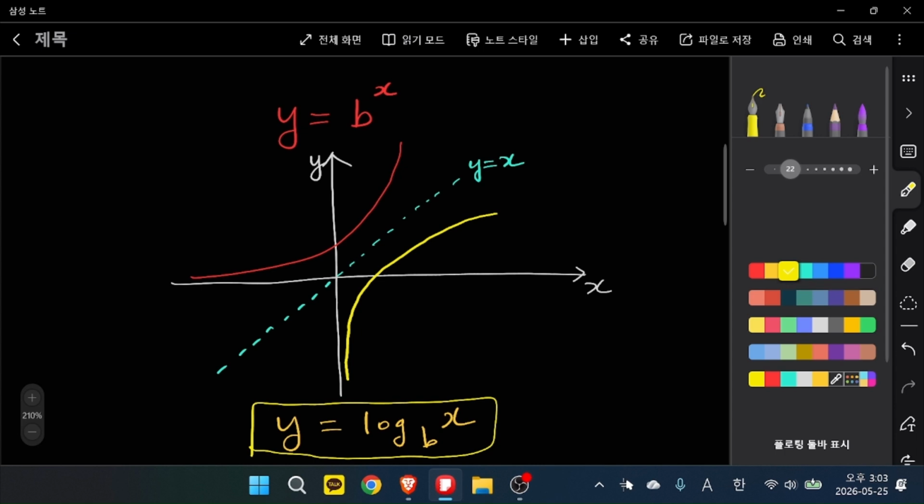Now what happens when x equals 1? Ask yourself, what exponent gives us 1?